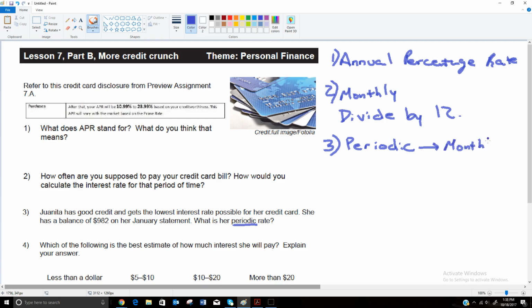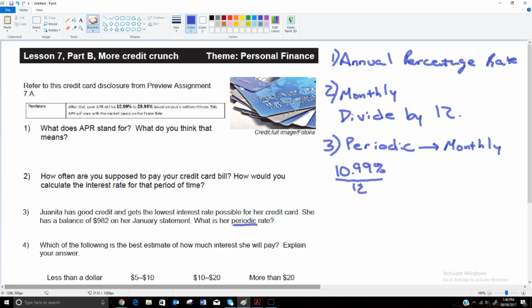So what's their monthly rate? If we were going to figure out her monthly rate, since Juanita has good credit, we're going to go up here and we're going to have 10.99%. And we're going to take that and divide it by 12.